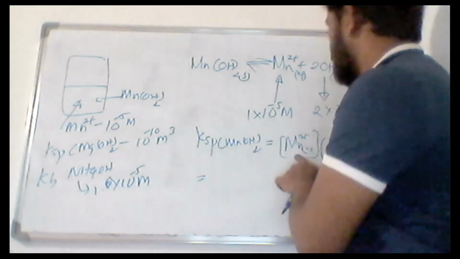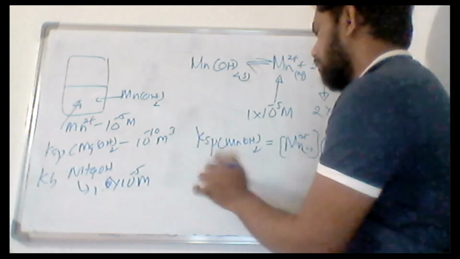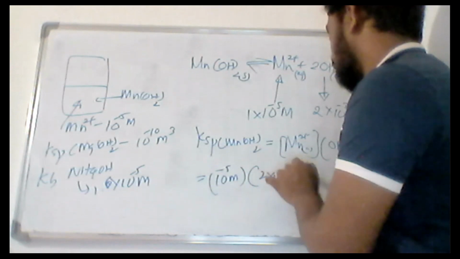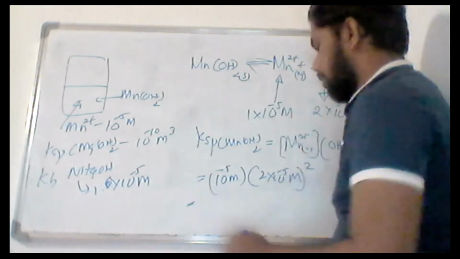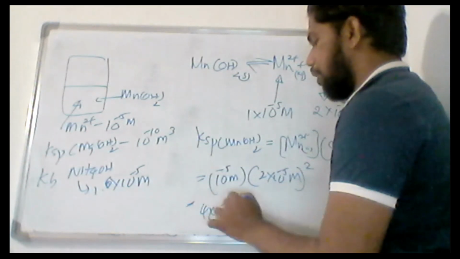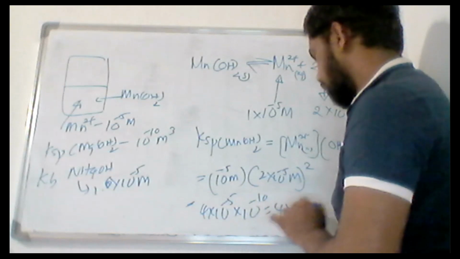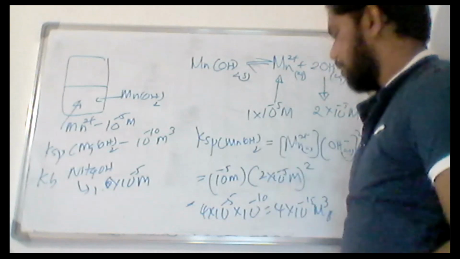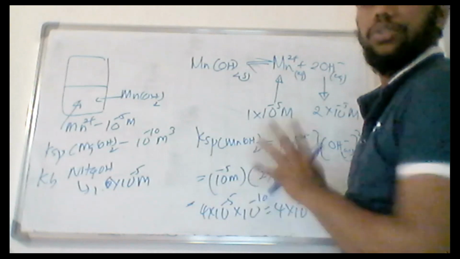Then you know the concentration of Mn2+ is 10 to the power -5 M, and here it will be 2 times 10 to the power -5 M, all squared. So typically this will be 4 times 10 to the power -5 times 10 to the power -10. So this is 4 times 10 to the power -15 M cubed. Okay, so this is the idea.